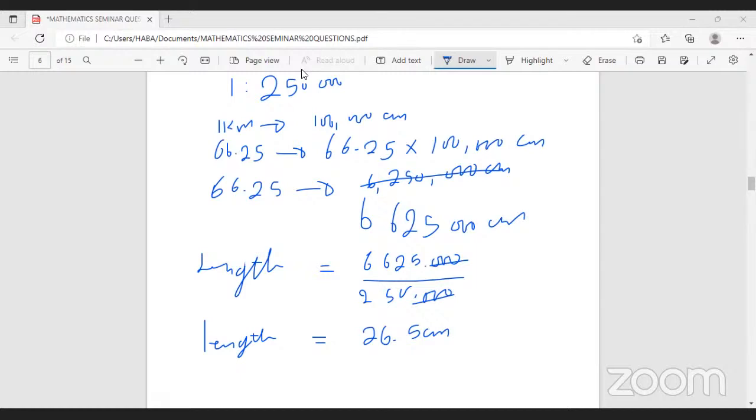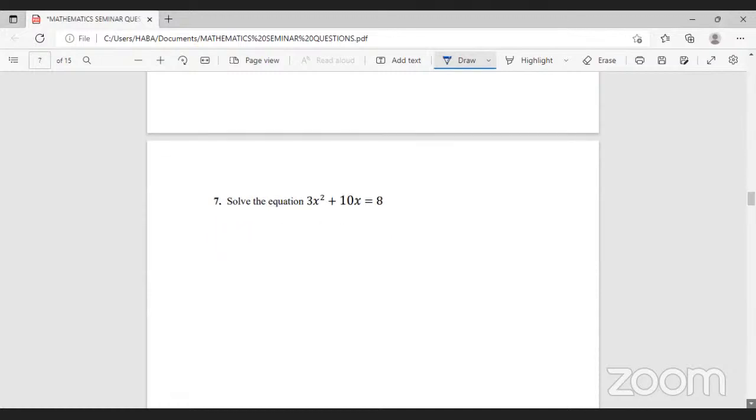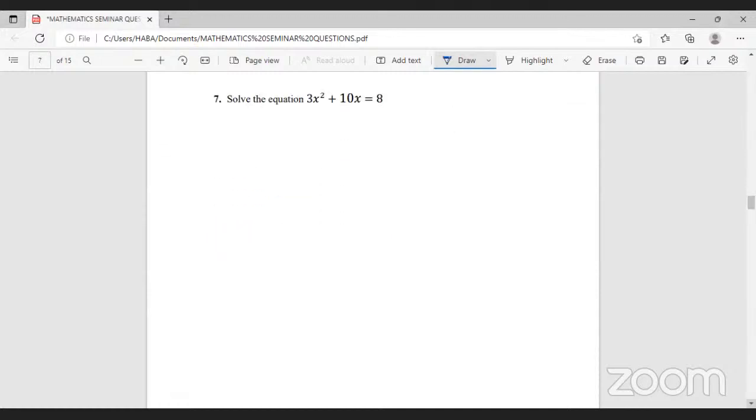So we can proceed to number 7, where we are requested to solve the equation 3x squared plus 10x is equal to 8. So who is volunteering to do for us number 7?